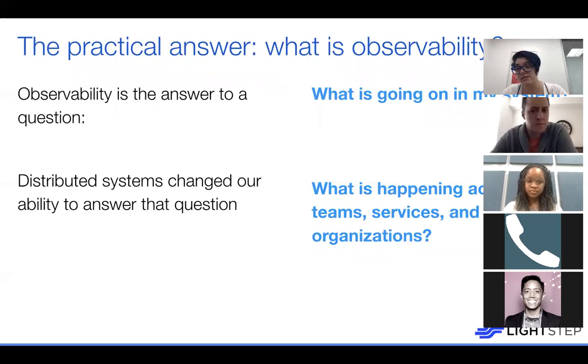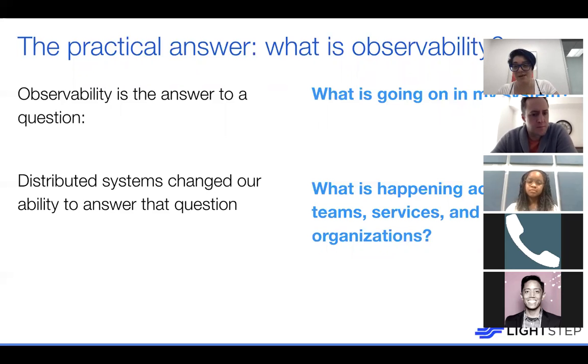This is a hard question to answer, even in a traditional monolith. But even as we moved forward, distributed systems changed our ability to answer that question. Now we have to wonder, what is happening across services? What's happening across organizations? What's happening with every third-party service I hit?